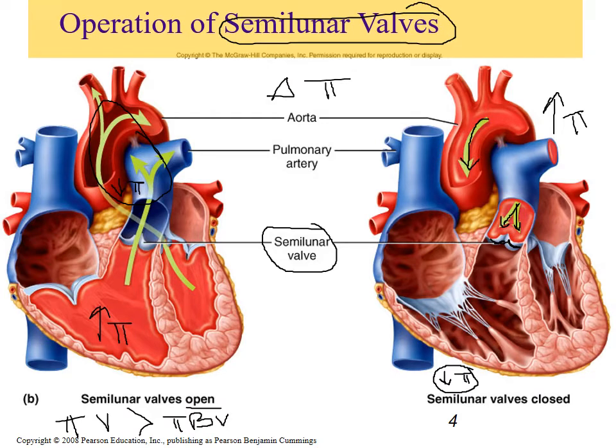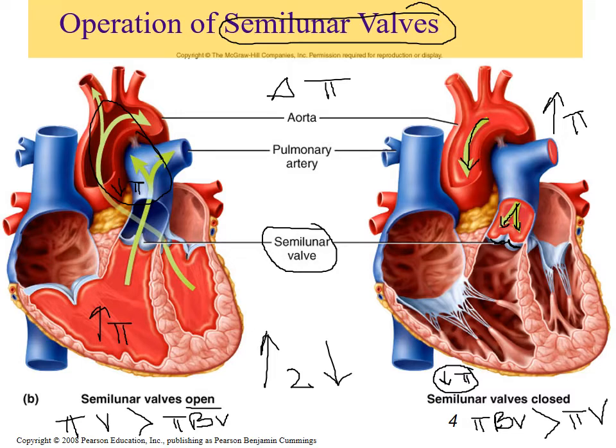And if your semilunar valves are closed, that means that the pressure in the blood vessels was higher than the pressure in the ventricle. Okay, because we're always going to go from high to low.